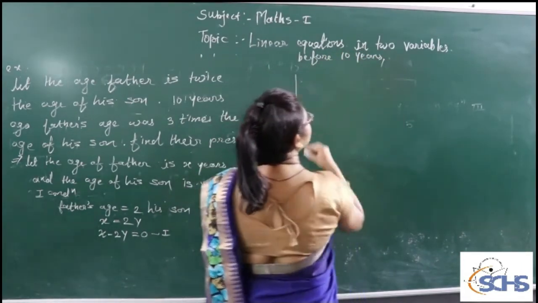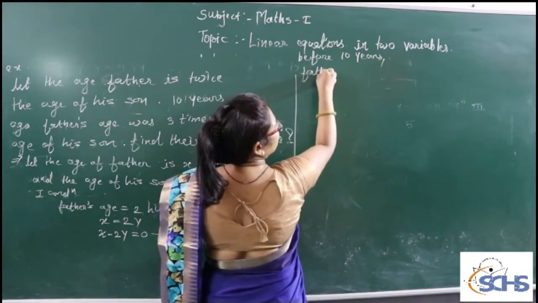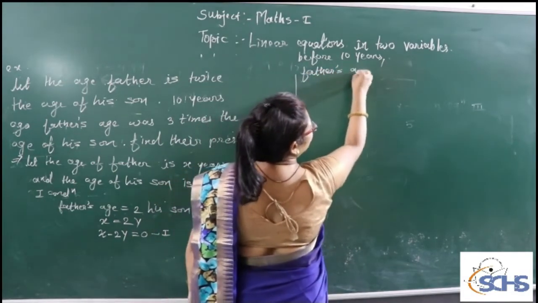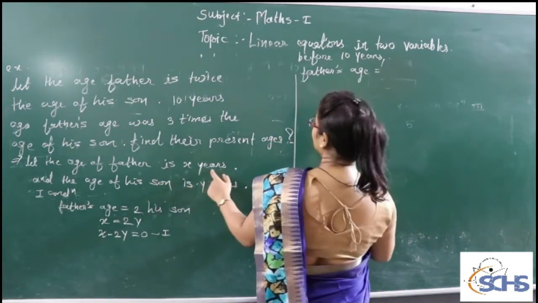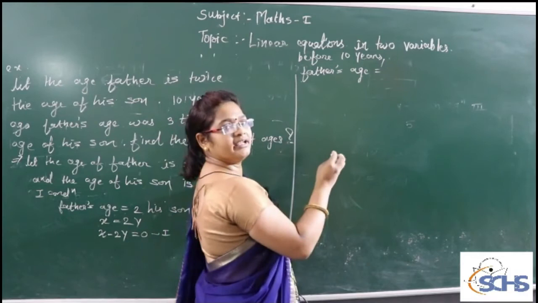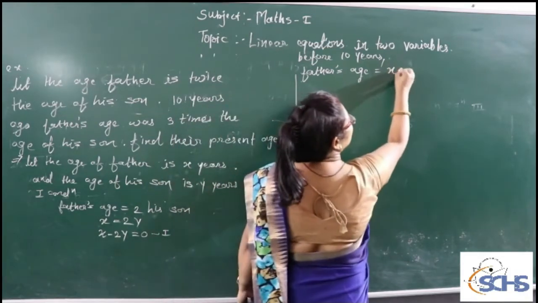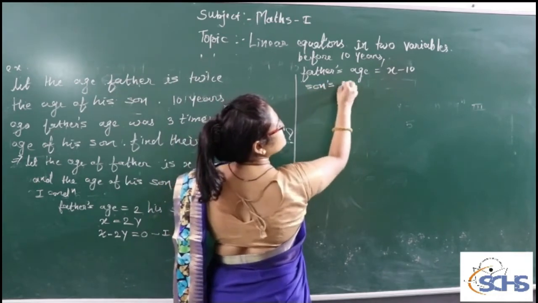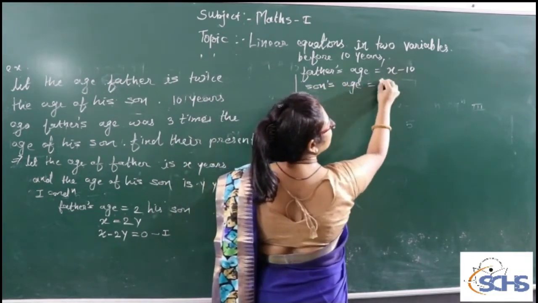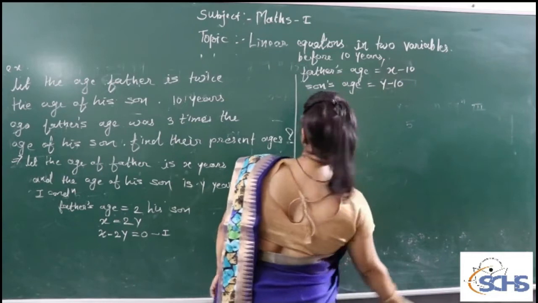So before 10 years father's age will be, the present age of father is x. So before 10 years father's age will be x minus 10, and before 10 years son's age will be equals to y minus 10.